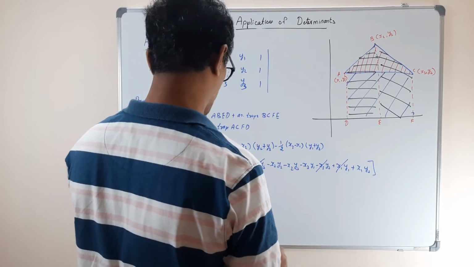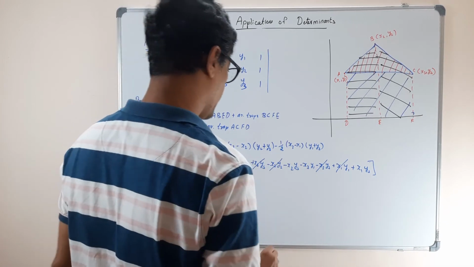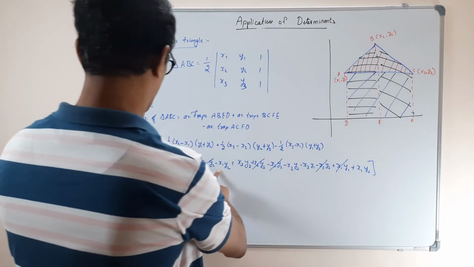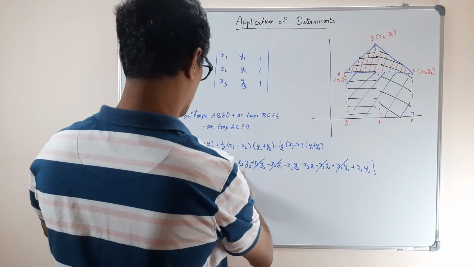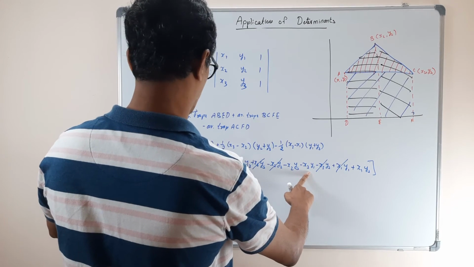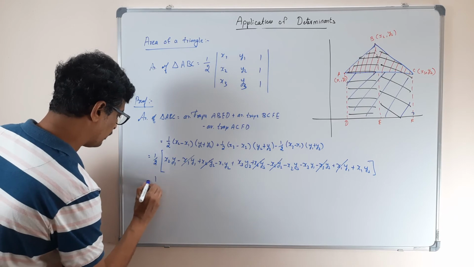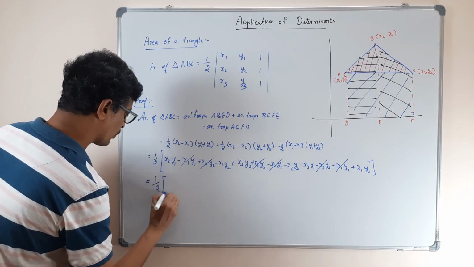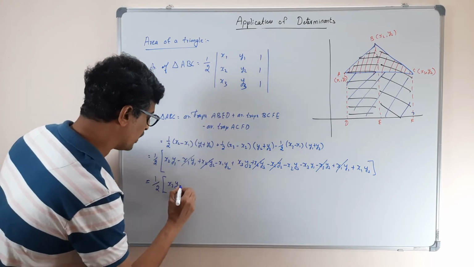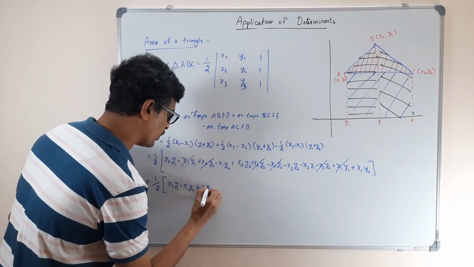And the x2 y2 terms also cancel. Is there anything else that cancels? x2 y1, x1 y2, x3 y2, x2 y3, x3 y1 won't get cancelled. So that will be half of x2 y1 minus x1 y2 plus x3 y2, correct?